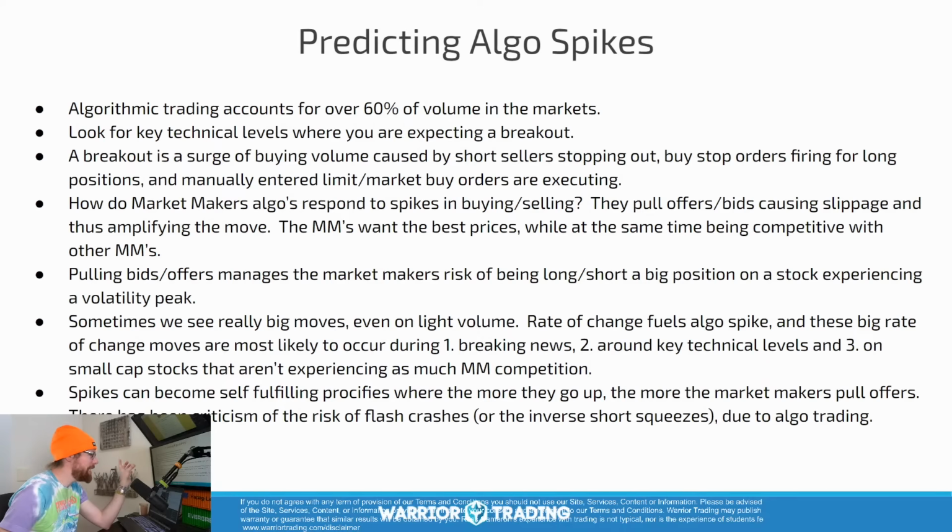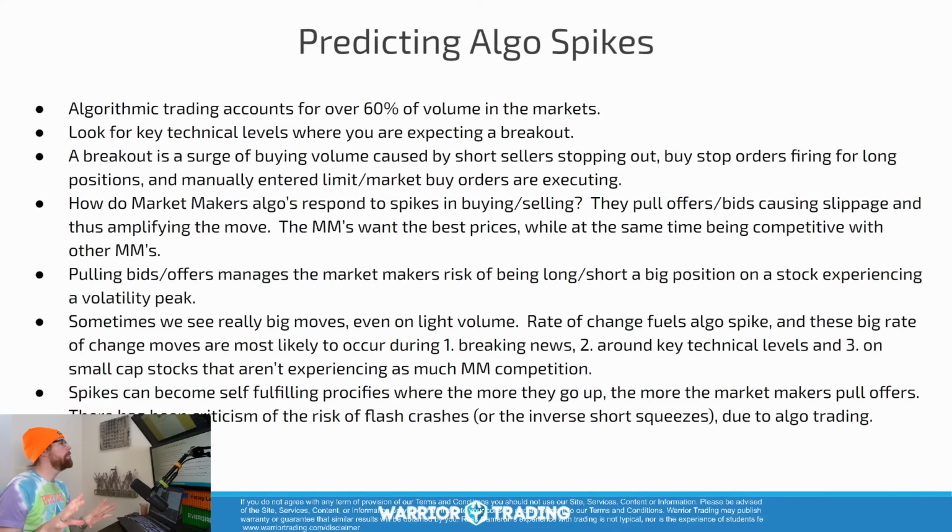A breakout takes the form of a surge of buying volume caused by a combination of short sellers stopping out and long bias traders going long, plus buy stop orders triggering long positions at the market, and also manually entered limit orders for buying at the limit, maybe, but just above the current price.